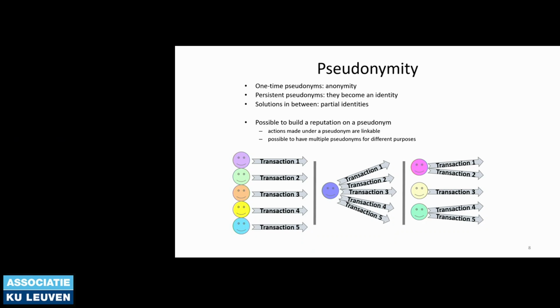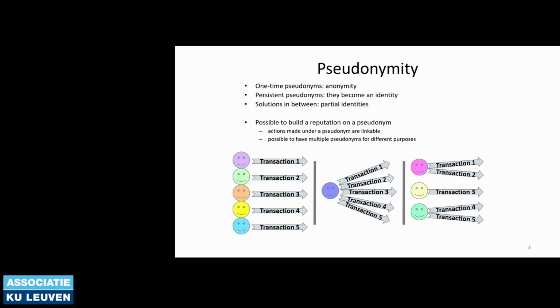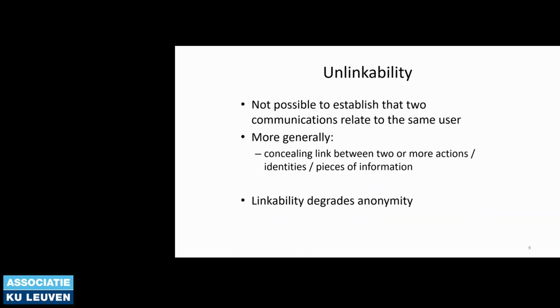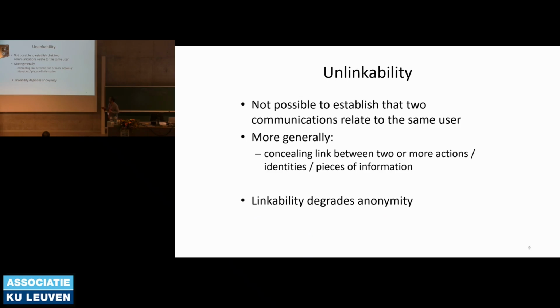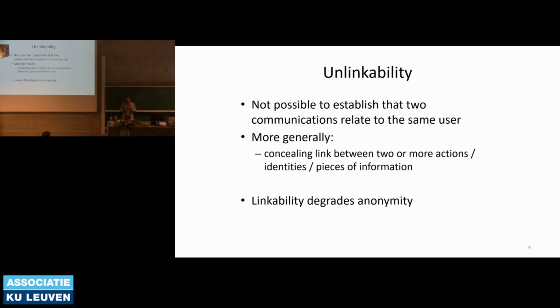So every action has only one source point, or no two actions can be linked together. That's why we call it unlinkability. It's concealing the link between many actions, and basically you cannot profile them, you cannot piece identity together, so you cannot piece information together.